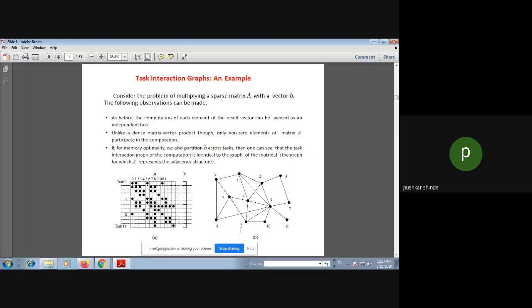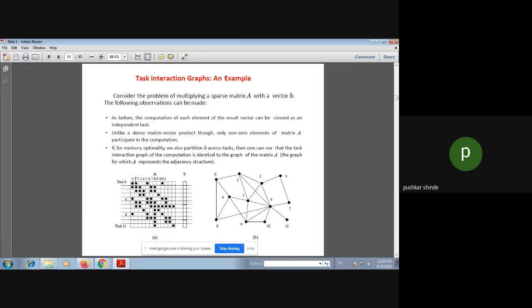The vector B needs to be communicated between the tasks. So task 0 gives the vector B value to task 1, task 4 and task 8. You can easily see task 0 is connected to 1, 4 and 8.